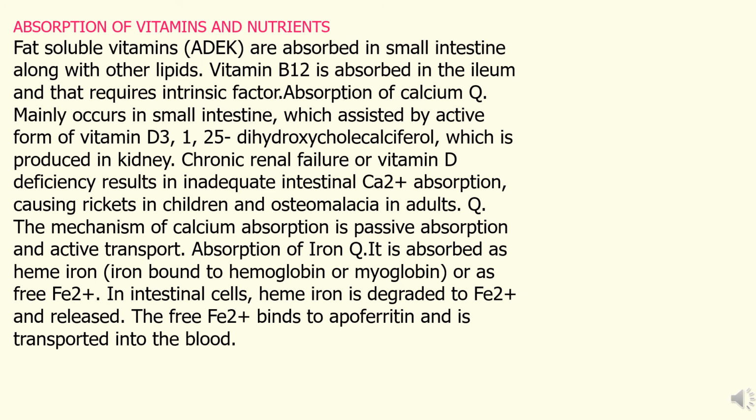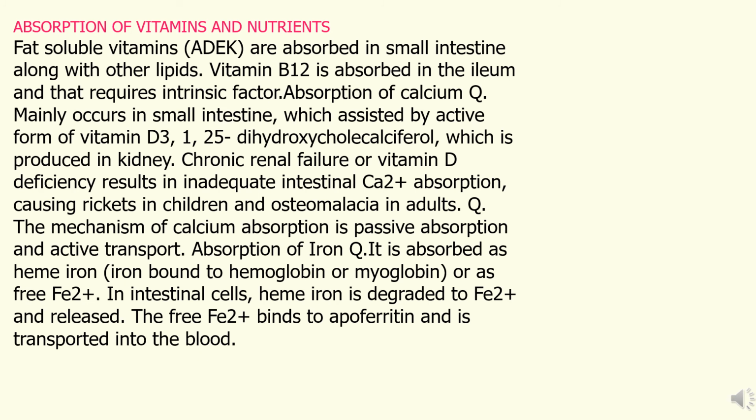So these are required for absorption of calcium. Chronic renal failure or vitamin D deficiency results in inadequate intestinal calcium absorption, causing rickets in children and osteomalacia in adults. The mechanism of calcium absorption is passive absorption and active transport.